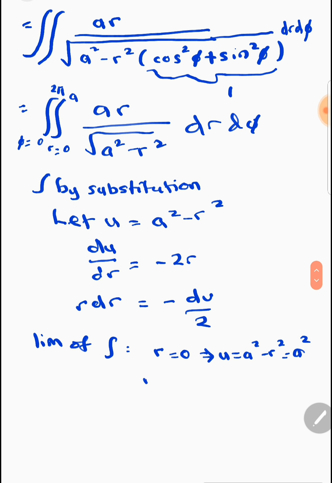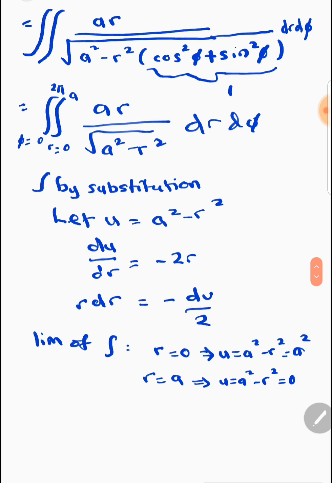And when r is equal to a, u equals a squared minus a squared, which gives me 0, right? So this gives me the new limit for this part here.